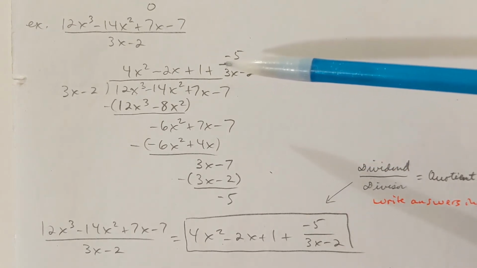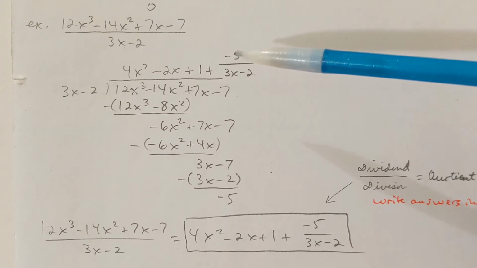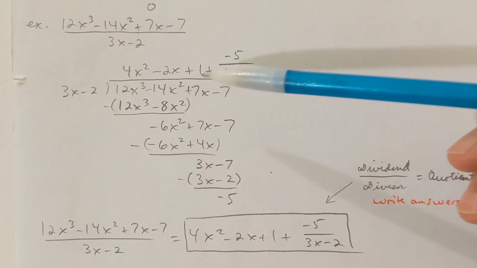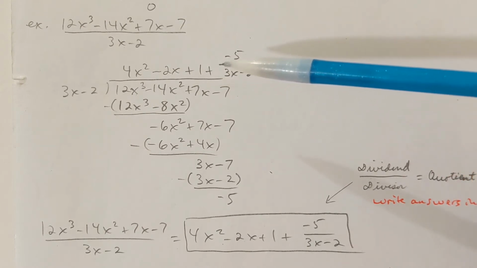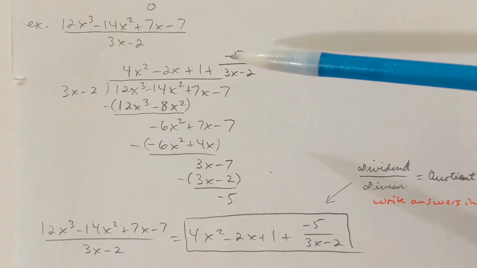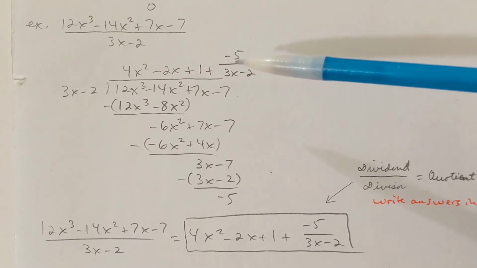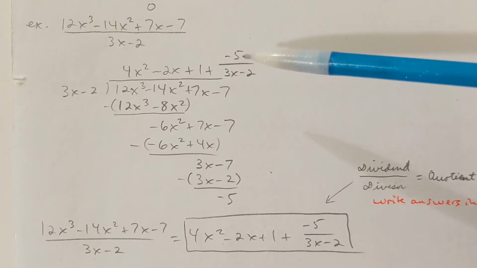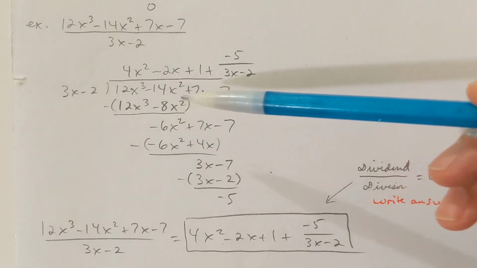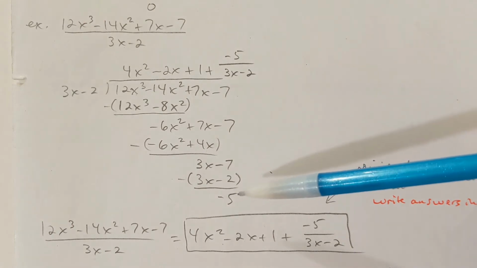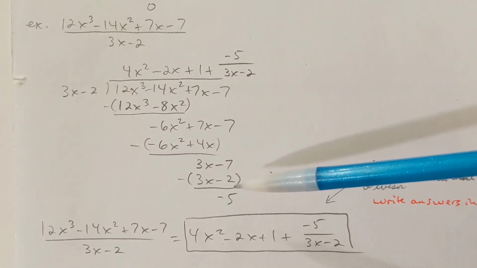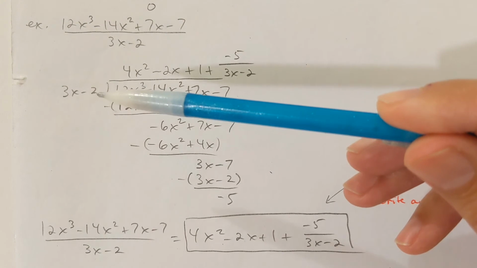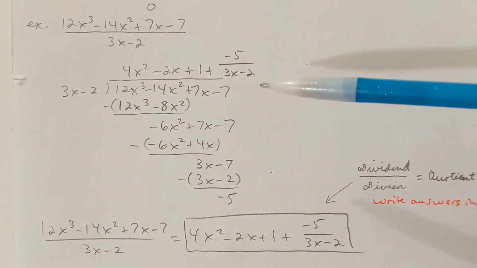And the remainder always gets added to my quotient. The complete leftover information is plus negative 5 divided by 3x minus 2. You always take the remainder over the divisor, 3x minus 2.